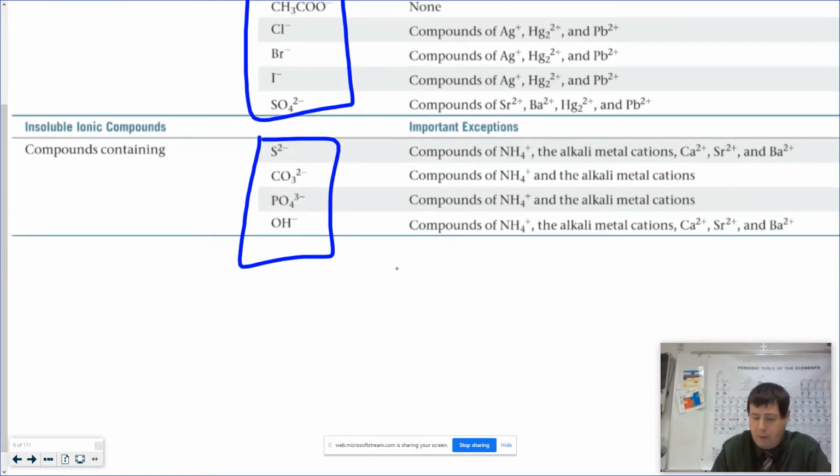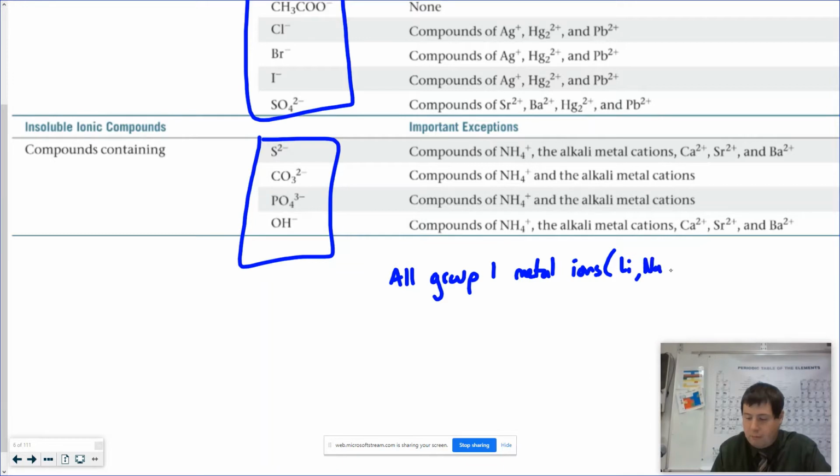You'll notice that there's a common exception here, that the alkali metal cations are soluble. So our rule is that all group 1 metal ions, things like lithium, sodium, potassium, are soluble. So any ionic compound that contains one of the group 1 metals is indeed soluble.